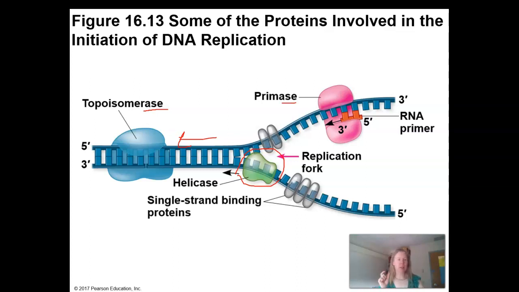It's just a short segment of RNA, something like 10 nucleotides long, that is going to indicate this is where our next enzyme, DNA polymerase, should start. So lots of enzymes: helicase, topoisomerase, and an enzyme called primase that actually inserts that RNA primer. It helps make sure the right RNA nucleotides are finding their way.